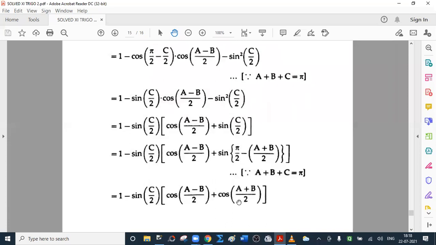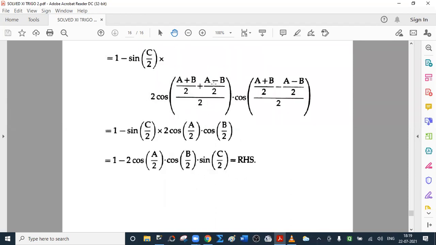Now, cos A plus cos B. When I say cos A plus cos B, or here I should say cos C plus cos D. What is cos C plus cos D? 2 cos of C plus D upon 2 into cos of C minus D upon 2. See, first angle plus second angle upon 2, cos of first angle minus second angle upon 2. First plus second by 2, first minus second by 2.